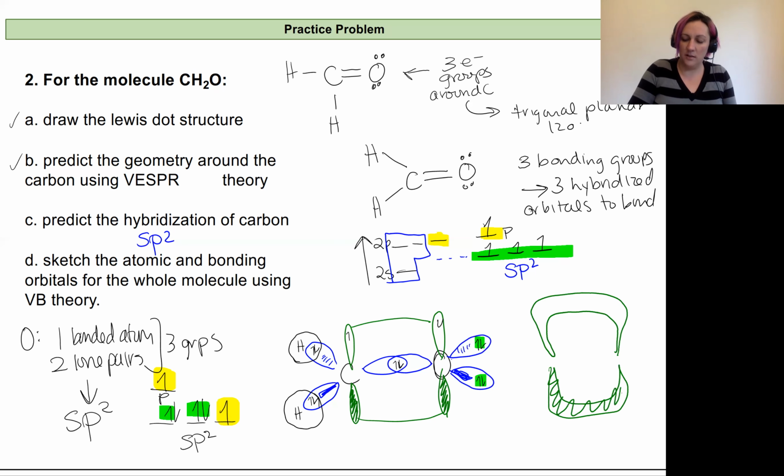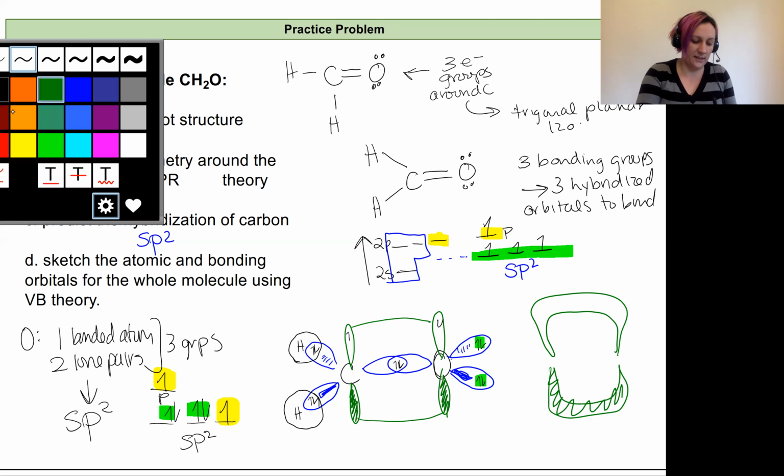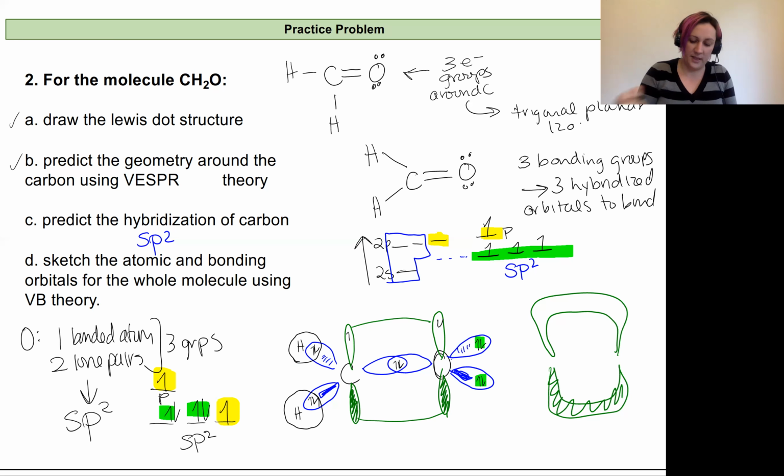That's another way to draw it. Cool. So I have a picture of how this is bonding, which is fantastic. And like going through and labeling a little bit, I could say I have right here a sigma bond, and I have a sigma bond at these carbon and hydrogen bonds as well. And I have a pi bond that is between my carbon and my oxygen. So I have 3 sigma bonds and 1 pi bond in this molecule. And I've got this kind of nice picture of how it looks.